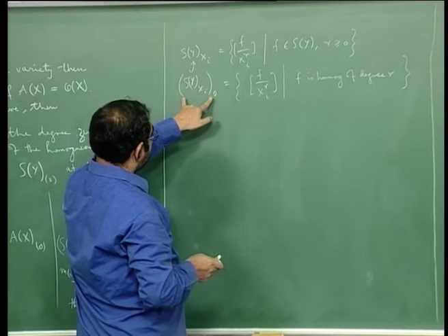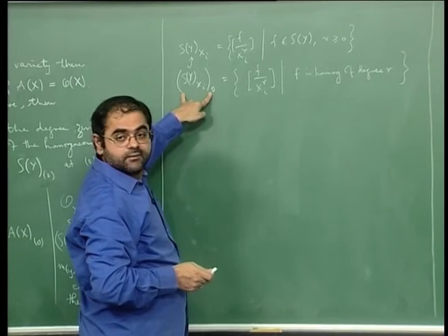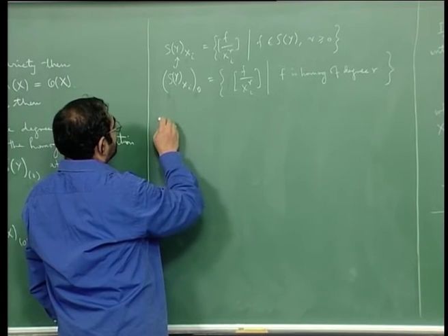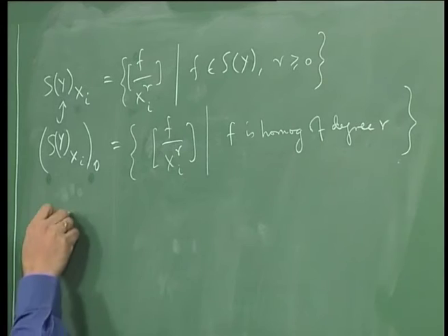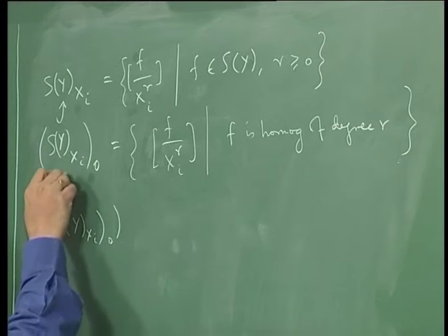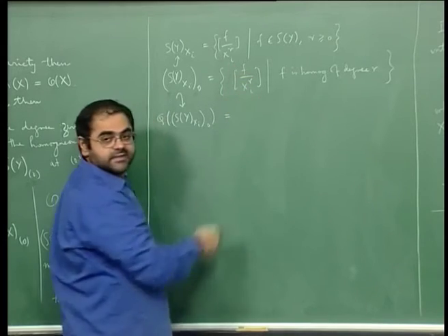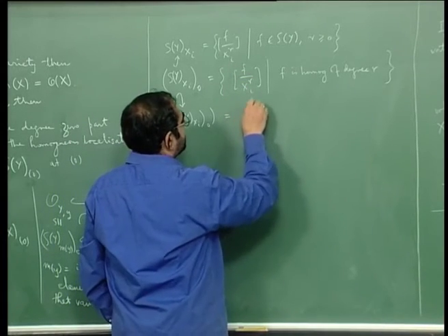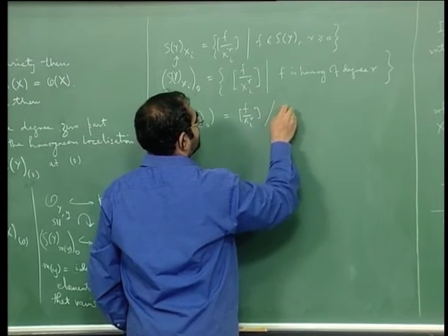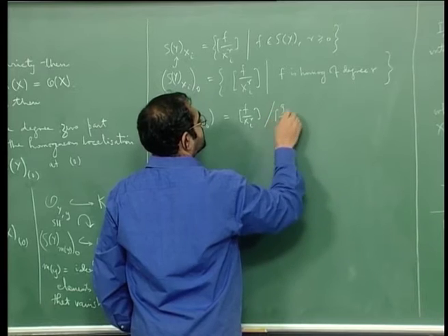if I take the quotient field of this, okay, this is an integral domain, all right, and I take its quotient field. So if I take the quotient field of S_y x_i at 0, this is what it will sit inside, and this will consist of quotients of things like this. So it will be something like f by x_i power r divided by some g by x_i power s.